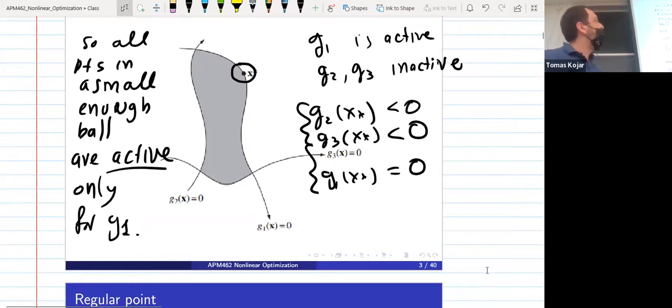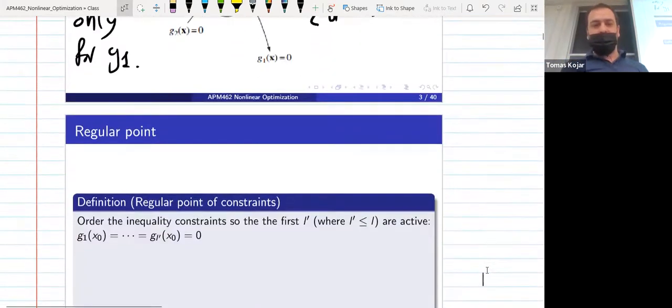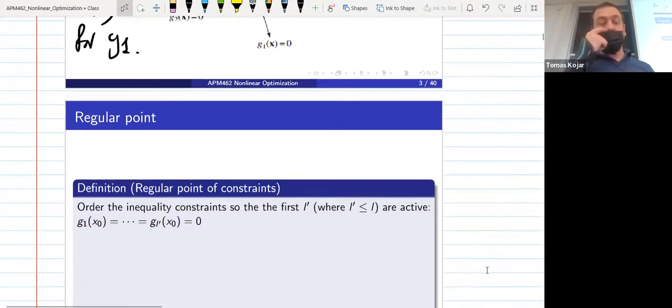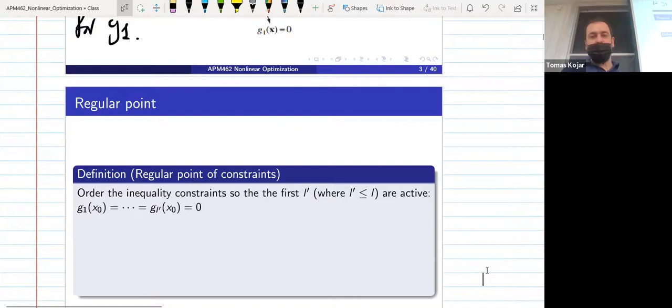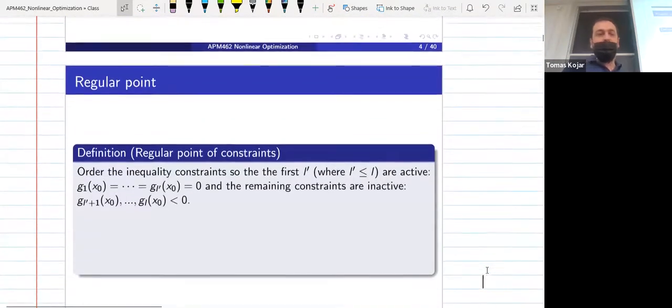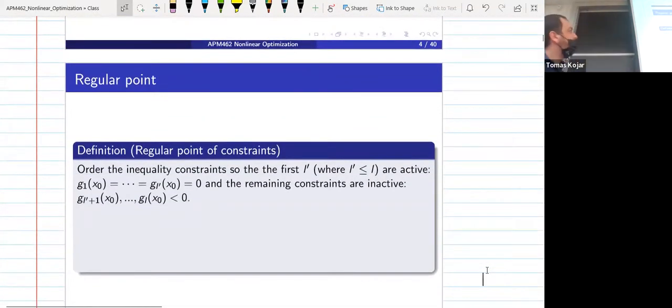But anyways, the point is that active is a local property. There's always a small enough ball, by continuity of the G functions, where you have active. So we order the first constraints, G1 to GL prime, to be the active ones. The remaining ones are called inactive.